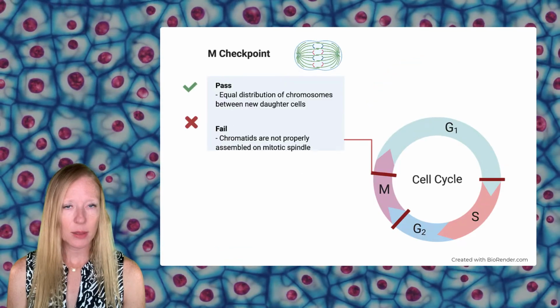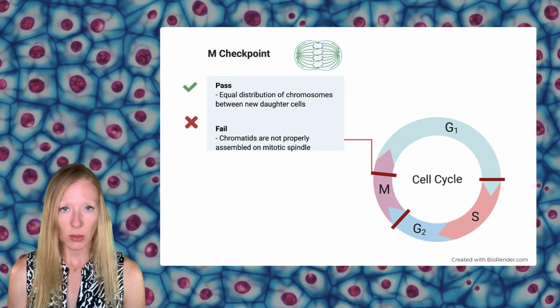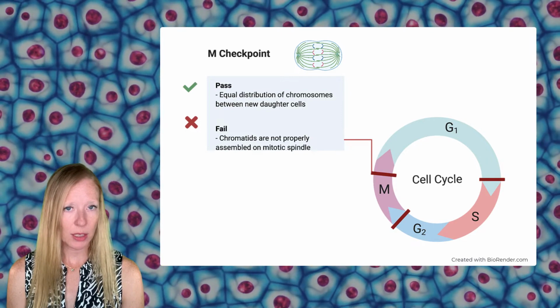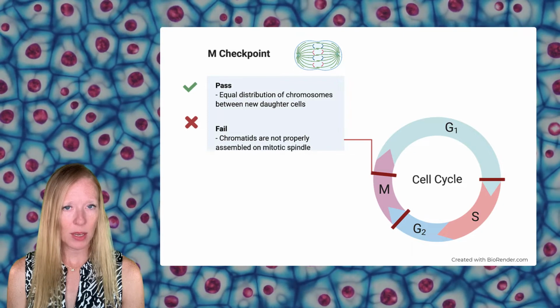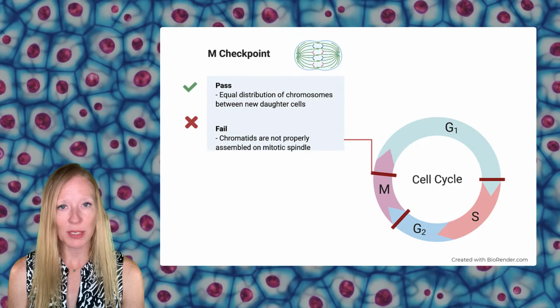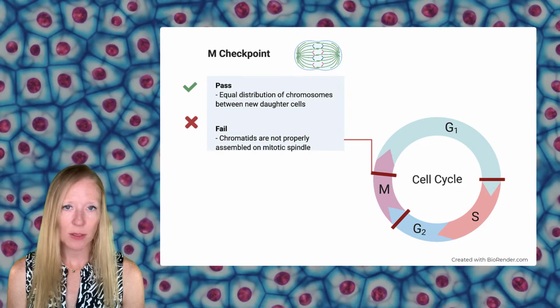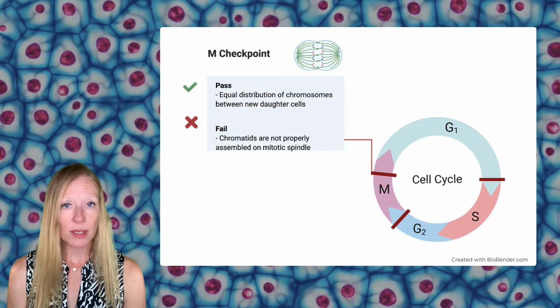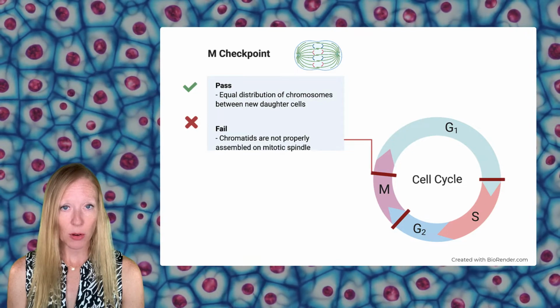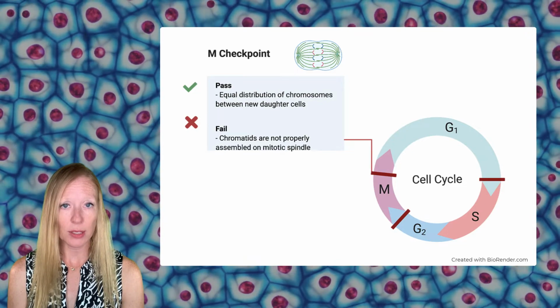Now let's say our cell has passed the G2 checkpoint and begins mitosis. We have another checkpoint here during M phase, and it occurs before anaphase because once we pull the sister chromatids apart, we can't go back and fix any errors. That's irrevocable. We want to have exactly one sister chromatid from each duplicated chromosome in each of the 2 daughter cells.